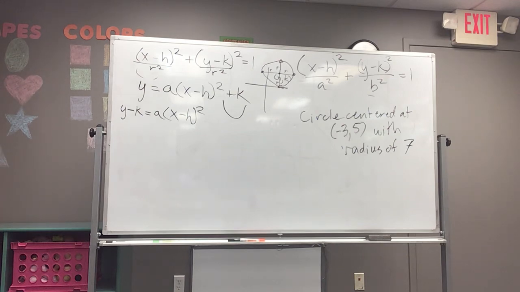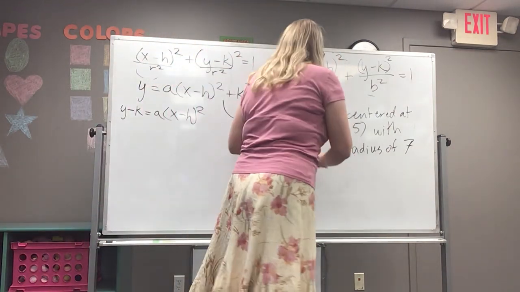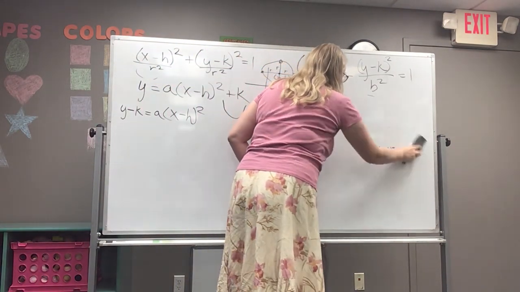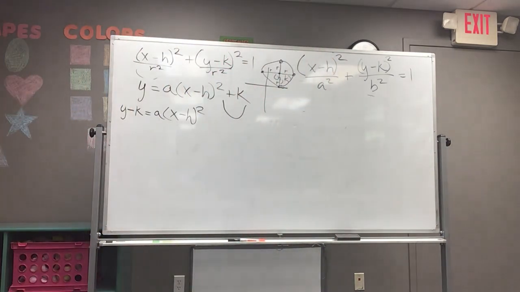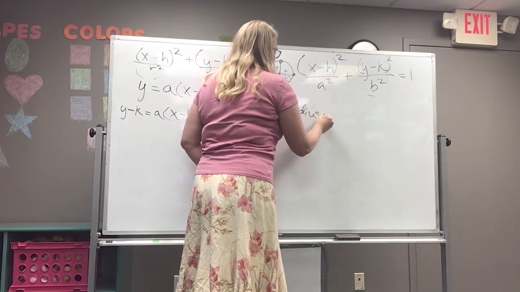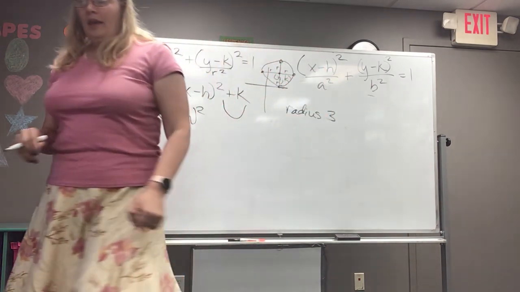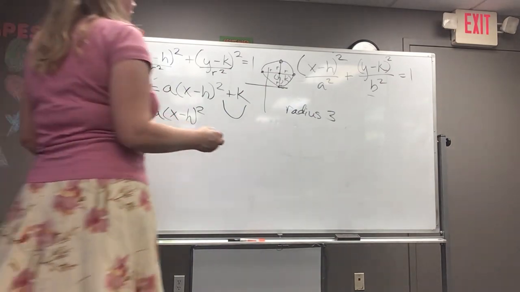So the question that we're going to do next says, graphed in the same standard XY coordinate plane are a circle and a parabola. The circle has a radius of 3, and it is centered at 0, 0 again.